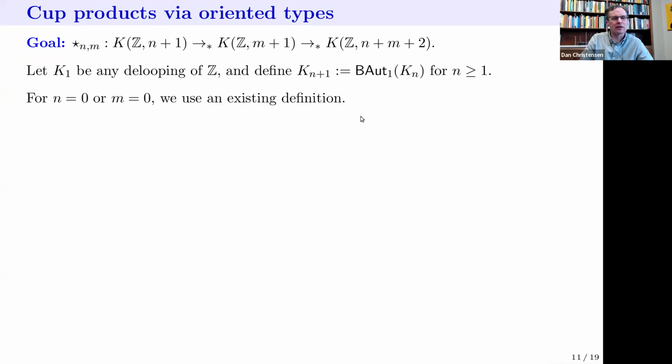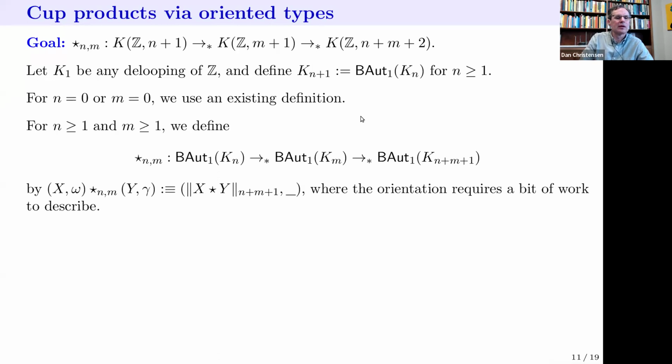It's in the inductive steps where I can do something that isn't even inductive. I can just give a formula. So if n and m are both at least 1, then I'm trying to look at a KZ(n+1), where n is at least 1, which means I know it's of the form B01 of a Kn. And same for here, and same for here. The 2 has been replaced by a 1.